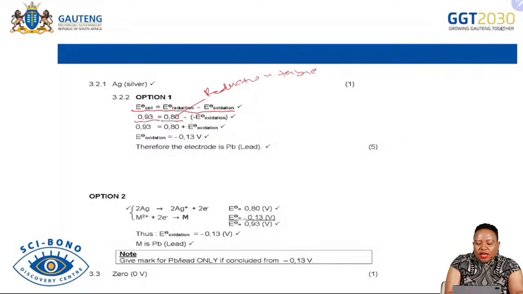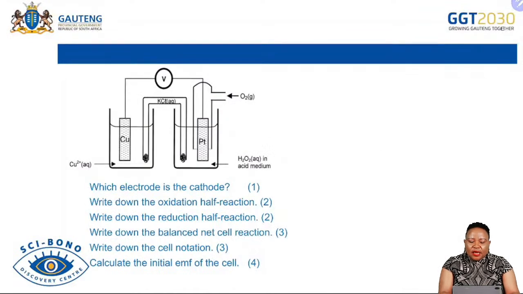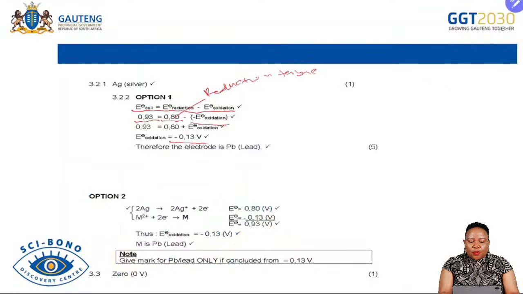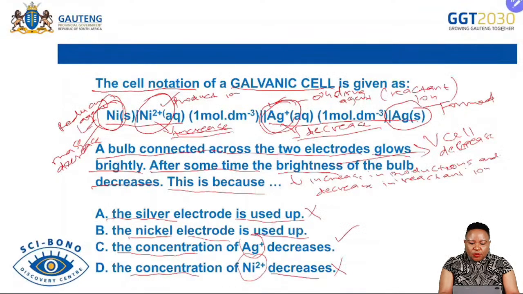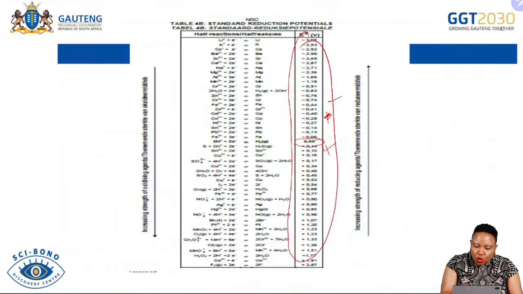Therefore, we know that our M is our anode. So we'll calculate and find the E oxidation, which is going to give us negative 0.13. And when we go to the reduction potential table, you look at the values and you'll find that negative 0.13 is here.